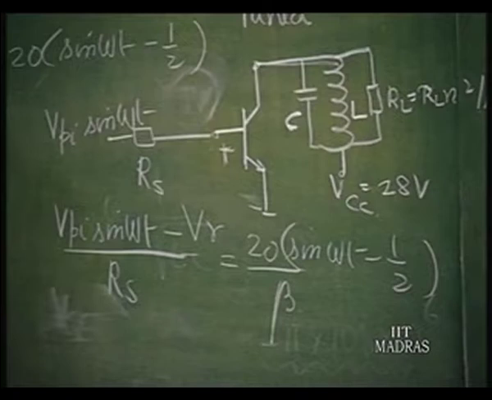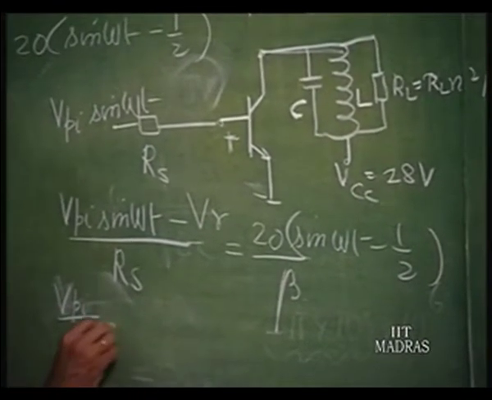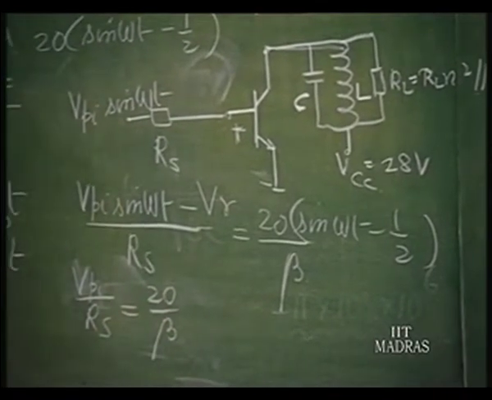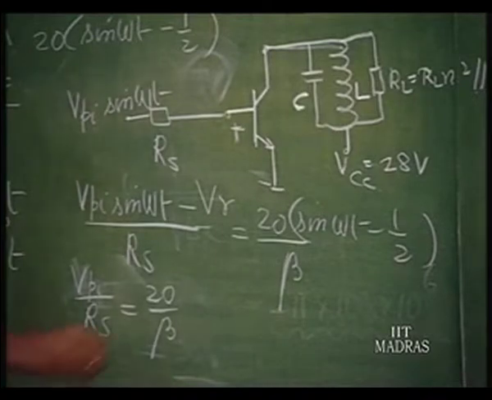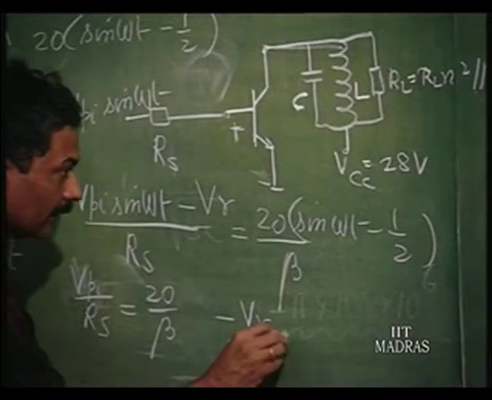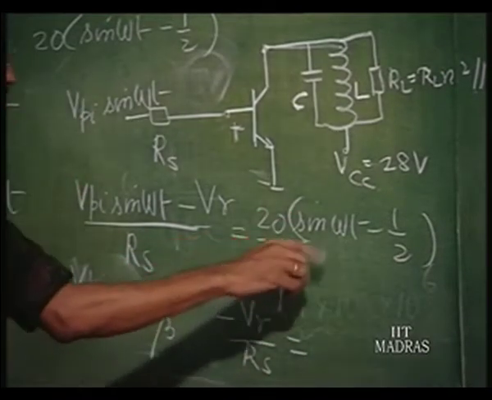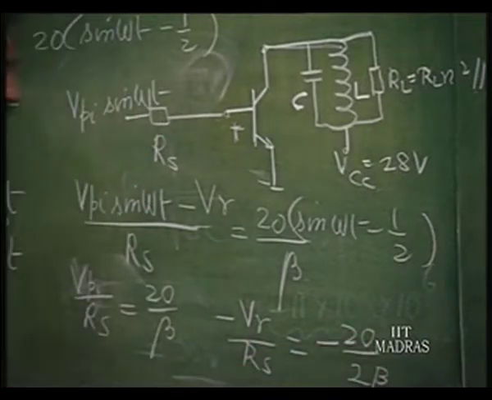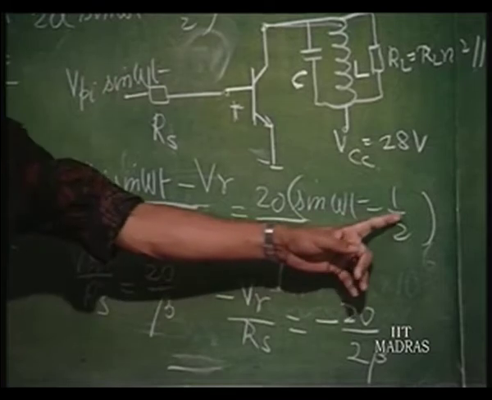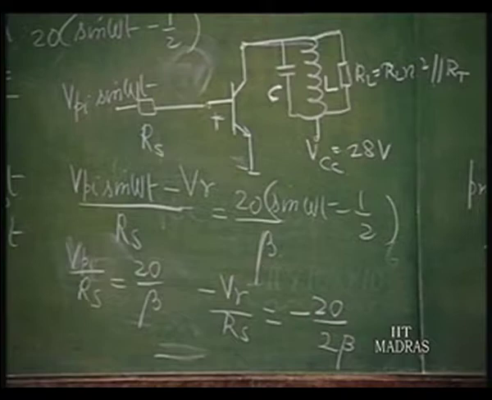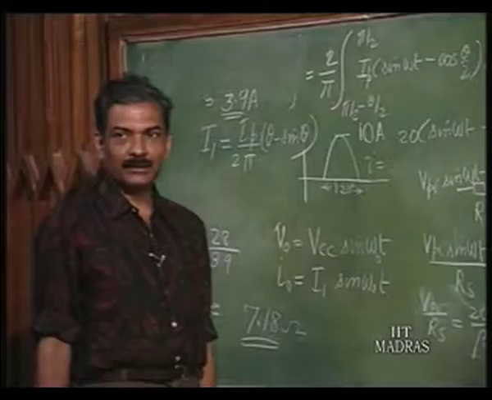So, what it simply means is that V_PI by R_S should be equal to 20 by beta, and minus V gamma by R_S shall be equal to minus 20 by 2 beta, minus 20 by 2 beta. So, is this clear?